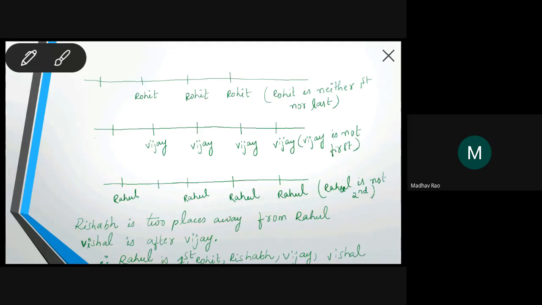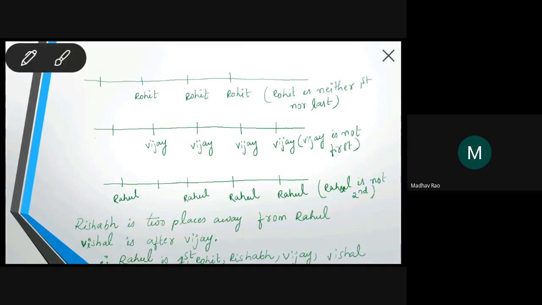Now the other two conditions: Rishabh is two places away from Rahul, and Vishal is after Vijay. By this, we know that Vijay is not first and Rohit cannot be first. Considering Rahul to be first, Rishabh will be in the third place, because Rishabh is always two places away from Rahul.